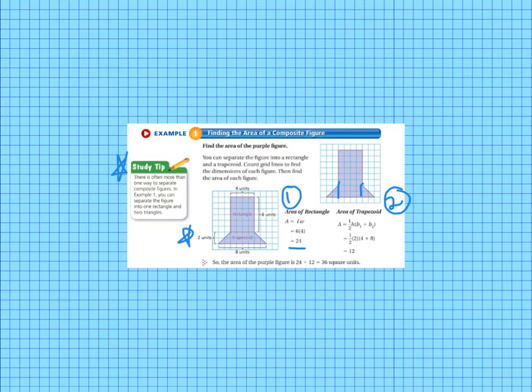Our height is 2 units, and then 1/2 of all of that. And when we simplify that, we have 12 square units. So in order to find the area of the whole thing, we have to add our 24 and our 12. So our answer is 36 square units. So there's a third step in here, which is add.